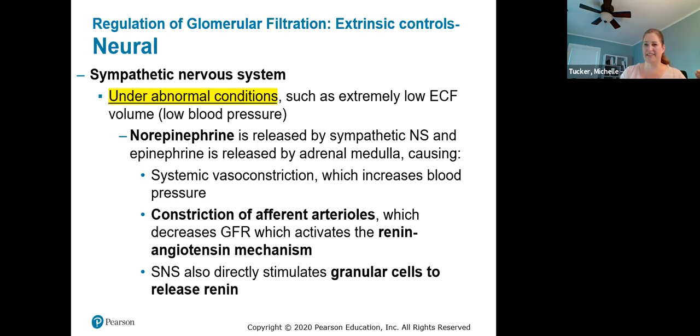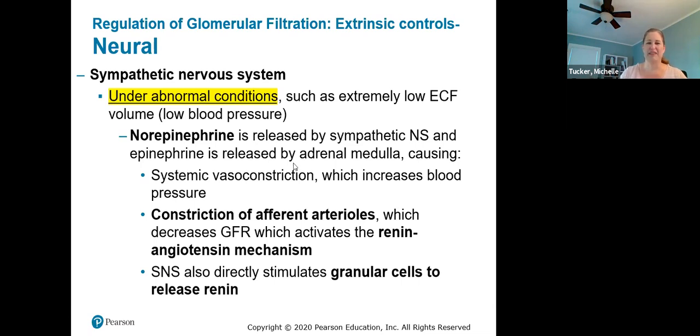With fight or flight, there's two factors. One is that the blood flow needs to be going somewhere else, so it needs to be going to skeletal muscle. The other thing is it wants to shut down urine formation. If you are running from the bear, you do not need to stop and use the restroom.